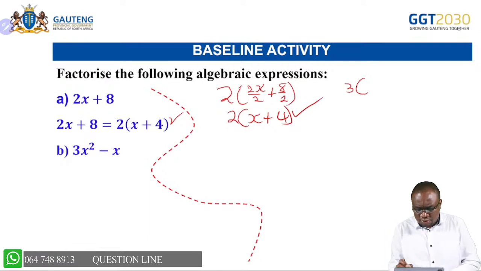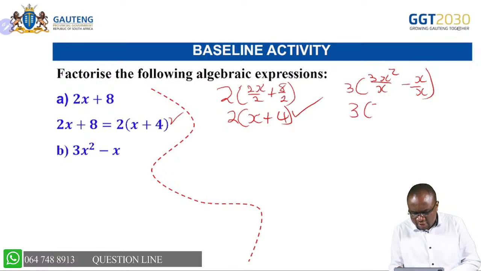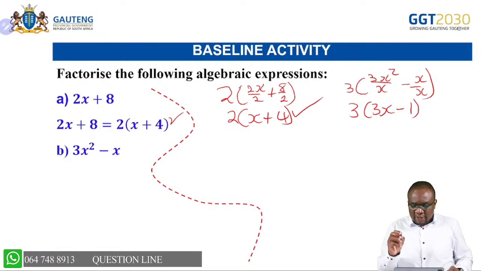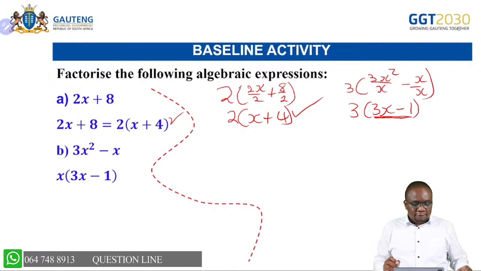You can do it in your head, but let me show you. 3x squared divided by x, and then minus x divided by x. So it's going to be 3x minus 1. Remember that x divided by x is 1, not 0. So it's going to be 3x minus 1 inside the bracket. You must check inside the bracket. You mustn't have a highest common factor. There must be terms without a common factor. It shows that you have fully factorized.